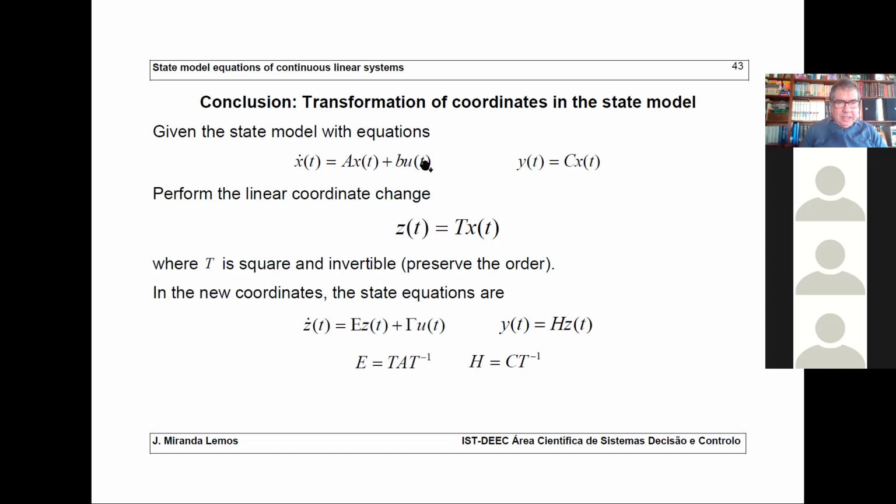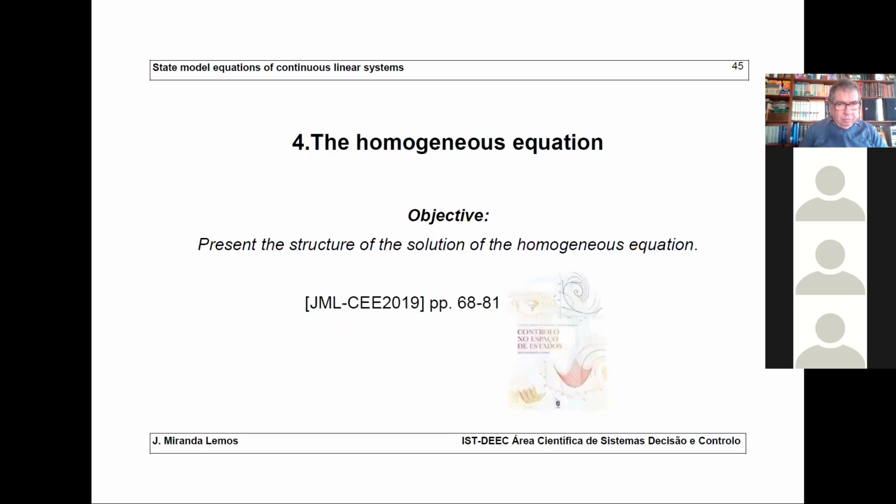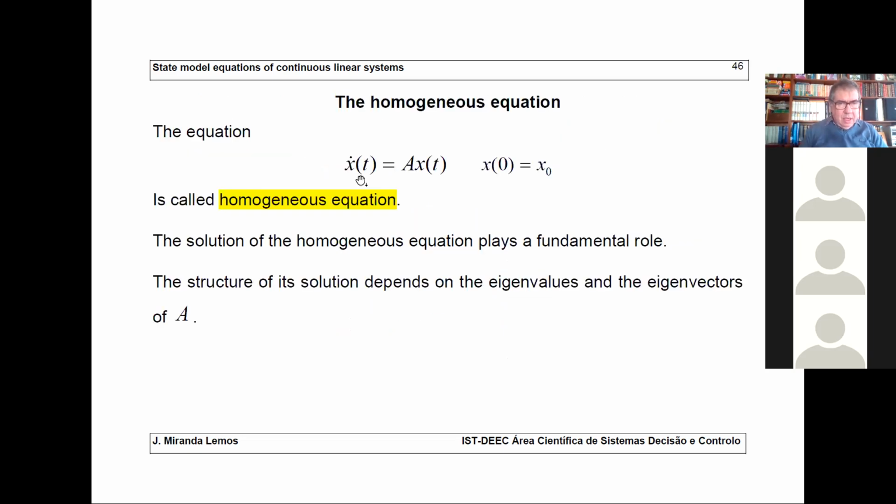That is to say the inputs are 0 and I only have x dot equal to Ax. So let's see what the properties of this equation are. Okay, this is called the homogeneous equation. And the solution of this equation plays an important role in the solution of the full equation, the forced equation with the u different from 0.